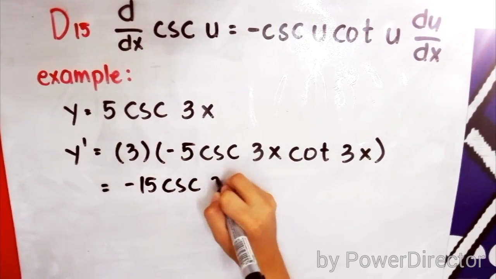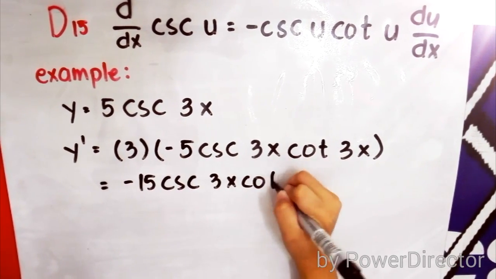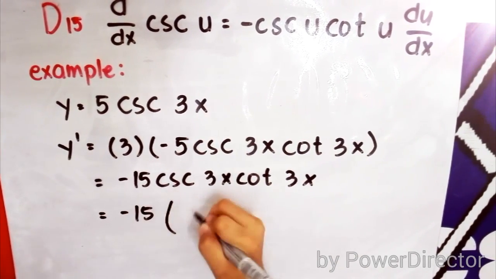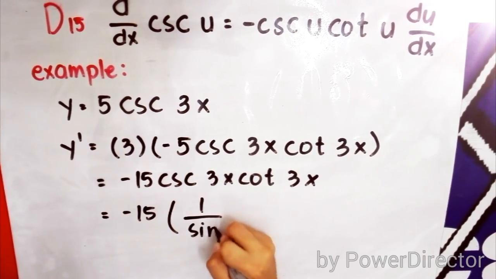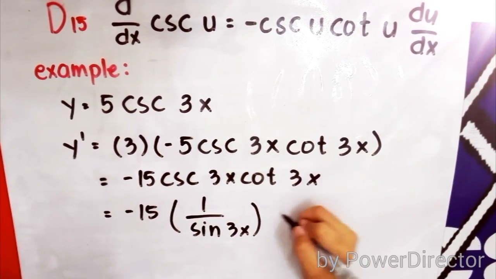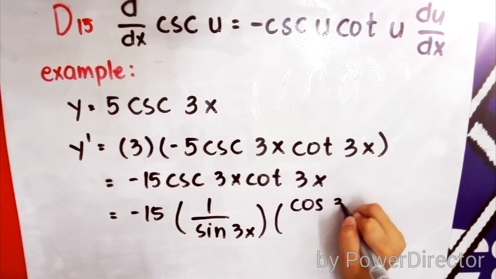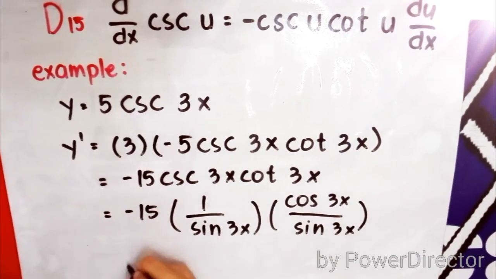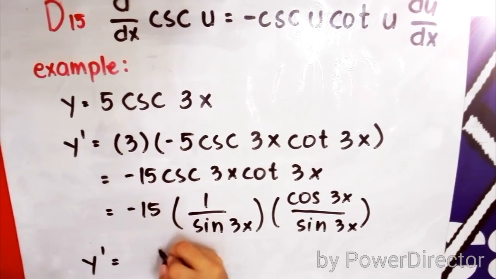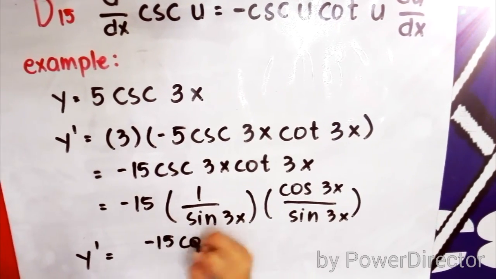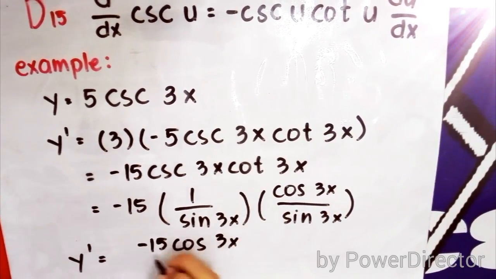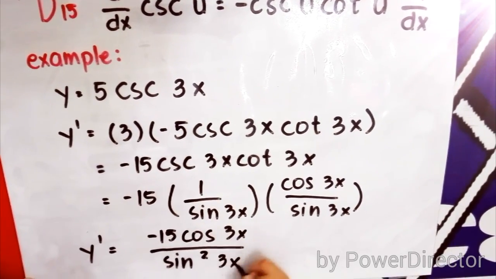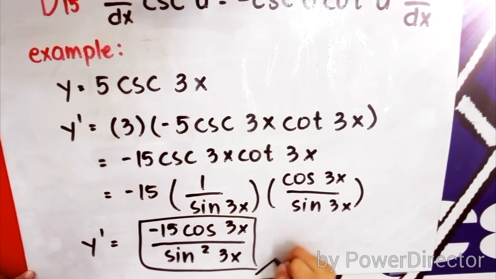So, we will have negative 15 cosecant 3x cotangent 3x. We should apply the identities to make it simpler. Negative 15 cosine 3x over sine squared 3x. We will have that as the final answer.